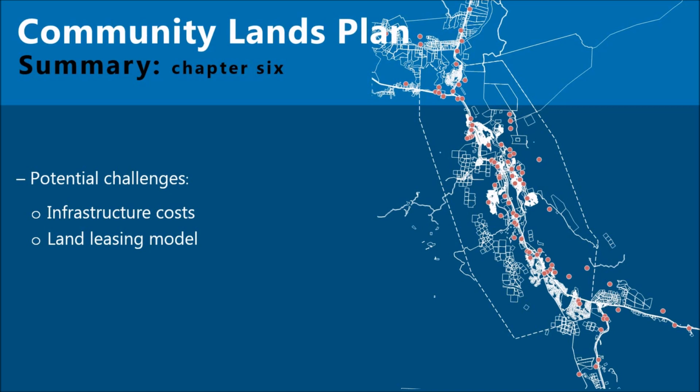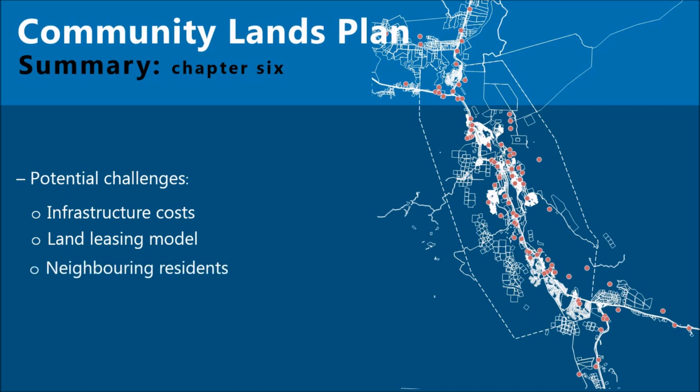Again, this is just a challenge. It's not something that's going to stop Kwalndun from developing its land, but it has to be addressed through good planning and clear communication. We do want people coming onto Kwalndun lands, and there's going to be a little work around educating people around the land leasing model.